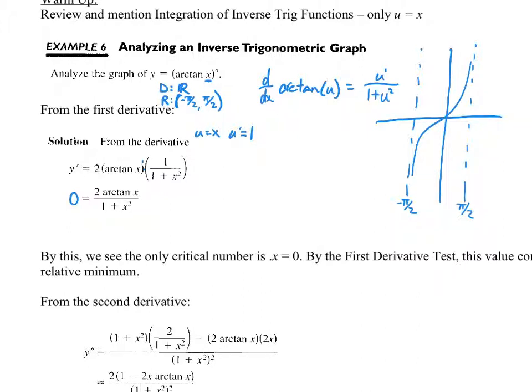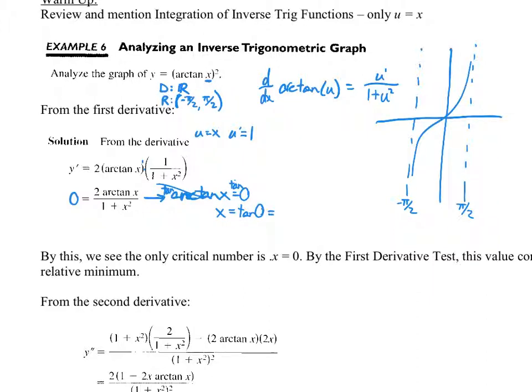So we now need to look at, okay, well, where does 2 arctangent of x equal 0? Well, that occurs when arctangent of x equals 0. So if we take the tangent of both sides, we have x equals tangent of 0.